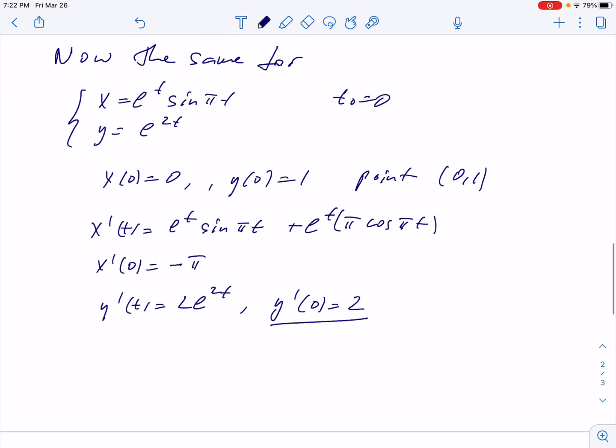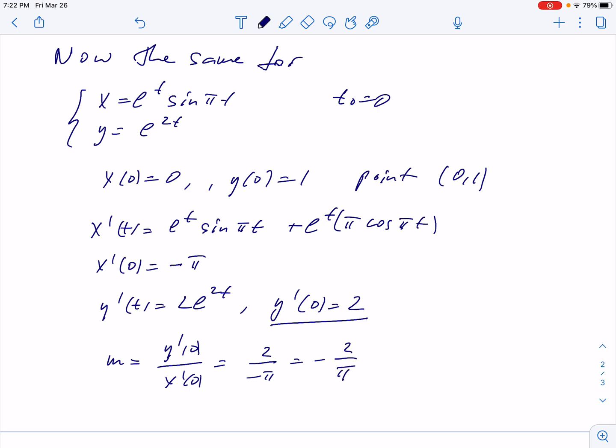And now we find the slope. m will be y prime 0 over x prime 0. So the slope is 2 over pi.